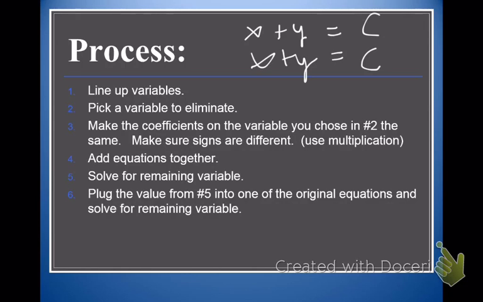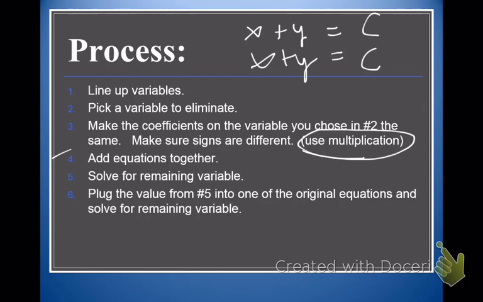Make the coefficients opposites. Same number, different signs. Okay? And we're only allowed to use multiplication to do that. So we're going to use multiplication to make sure that one of our variables' coefficients are opposites. Same number, different sign.